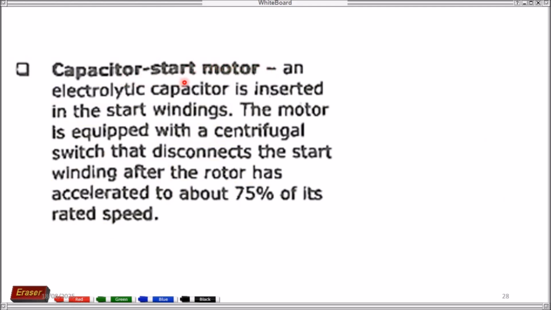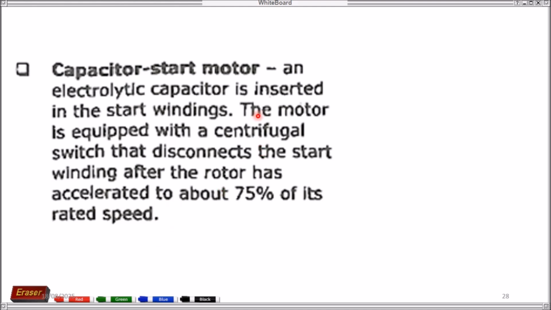Then we have the capacitor start motor. So an electrolytic capacitor is inserted in our capacitor start motor. So doon po siya nilagay sa ating start winding. So the motor is equipped with a centrifugal switch that disconnects the start winding after the rotor has accelerated to about 75% of its rated speed, no?